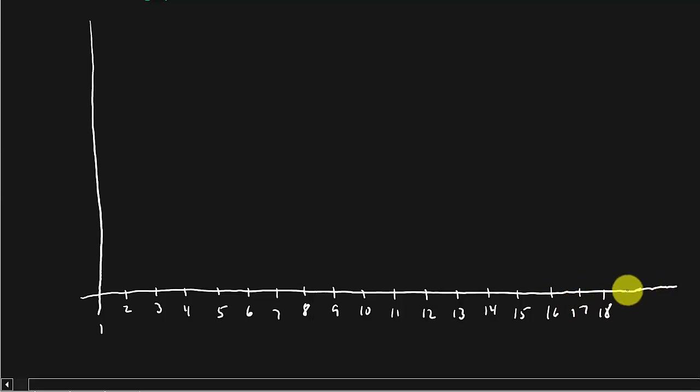Let's call that 1, 2, 3, 4, 5, 6, 7, 8, 9, 10, 11, 12, 13, 14, 15, 16, 17, 18, 19, and 20. We got it all on the screen.